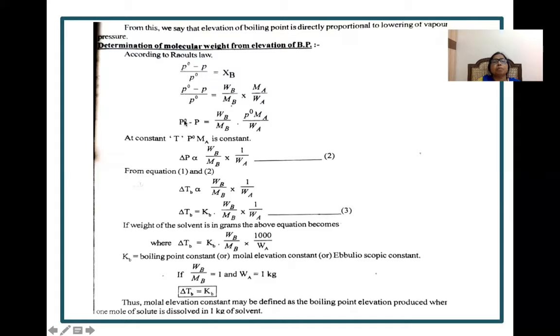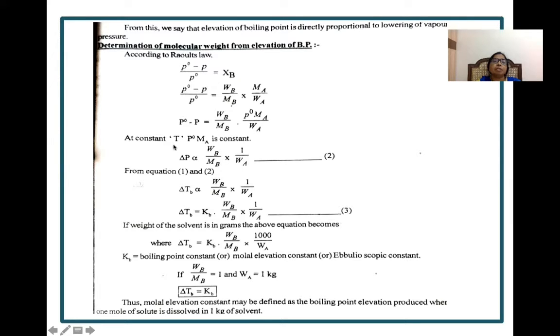So P0 minus P is equal to WB by MB into P0 MA by WA.